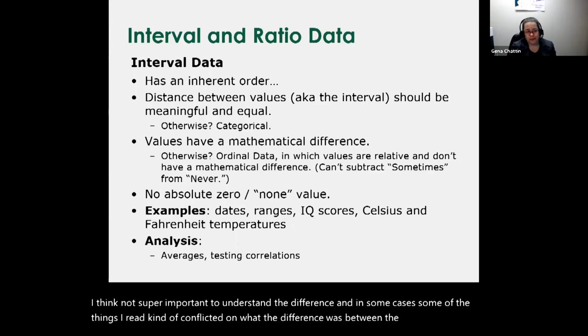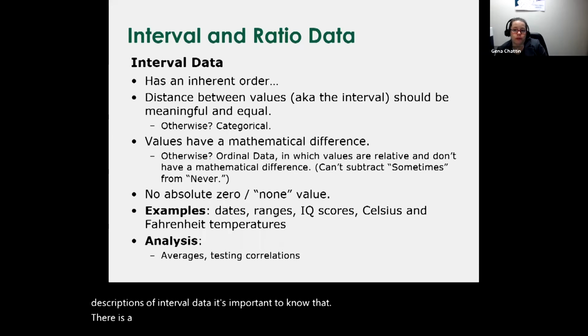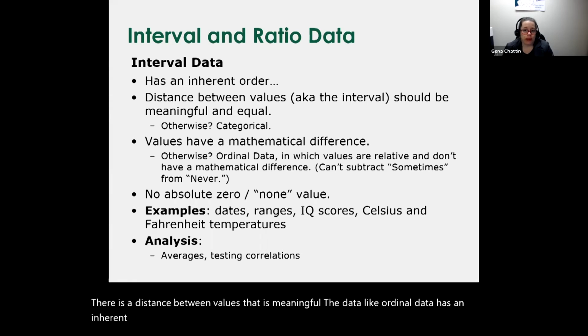But the general description of interval data: it's important to know that there is a distance between values that is meaningful. The data, like ordinal data, has an inherent order, but the distance between those values is usually equal and it has a meaning.